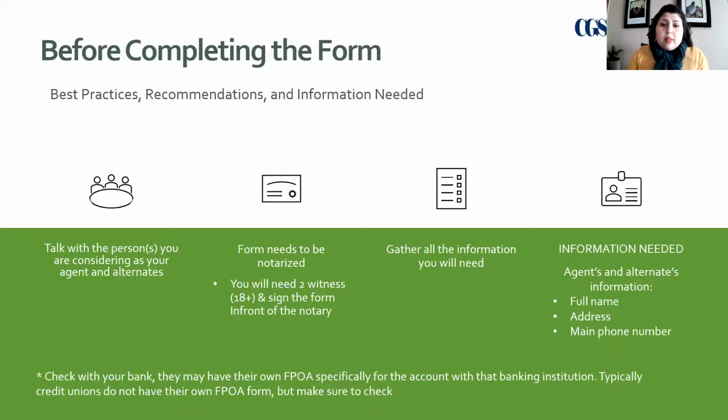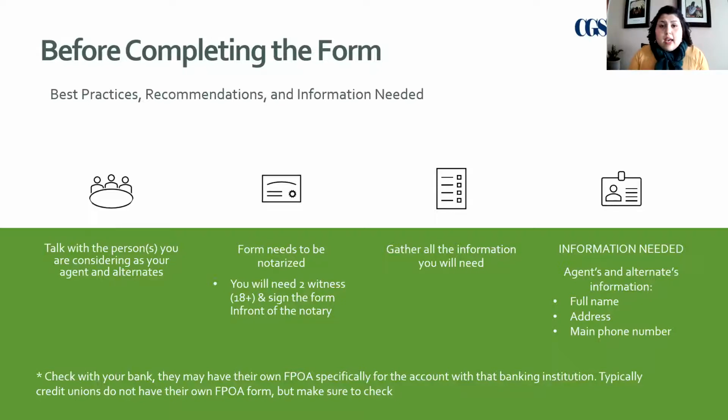So the form that I'm completing today with you, that form you could use for almost all credit unions. But if you have a major bank like US Bank, Wells Fargo, Chase, those banks have their own financial power of attorney. So make sure you check in with your bank to see what their process is.